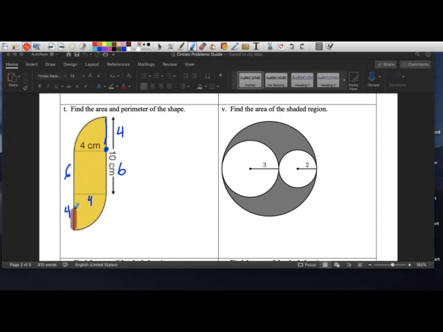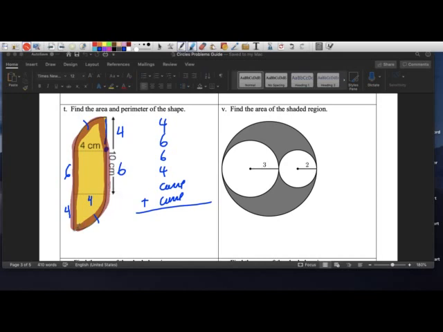So we're going to walk around this shape. To walk around this shape, our components are a 4, a 6, this curvy part, and this curvy part. Let me put the 6 and 4 first, 6 and 4, and then we have a curve and a curve.